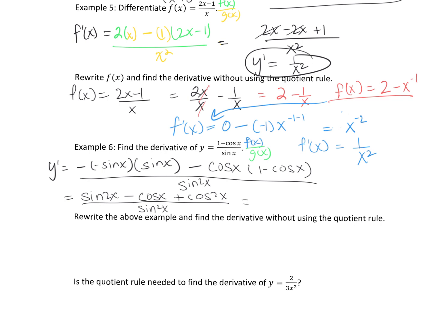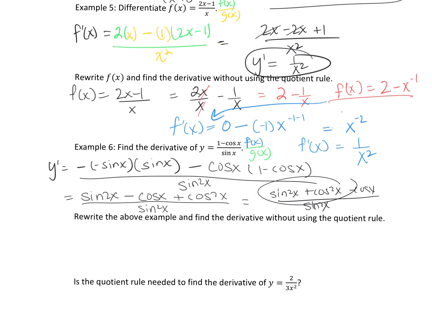There is actually a rule here that you probably remember from pre-calc. I'm going to rearrange this so that I have sine squared x plus cosine squared x, and then put the minus cosine over here. This is actually 1.